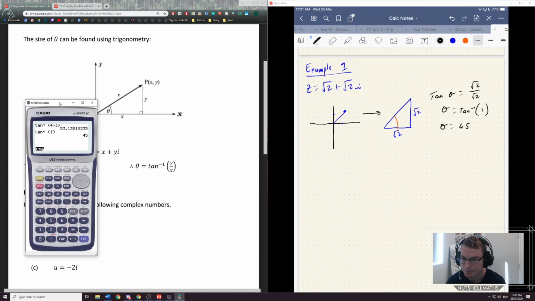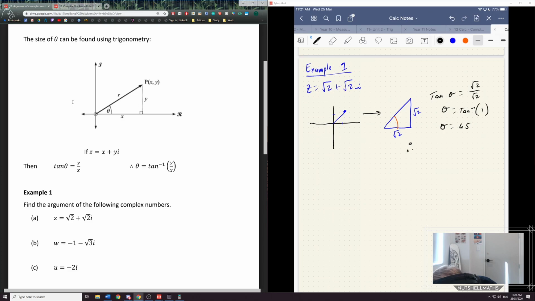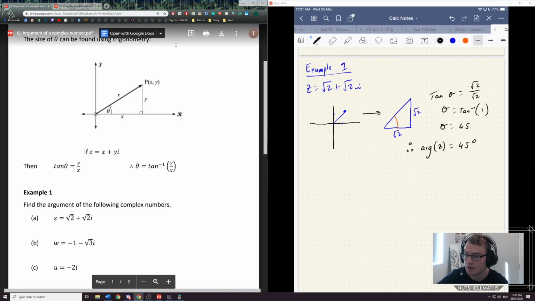Happy? So the argument, therefore, the argument of z is 45 degrees.